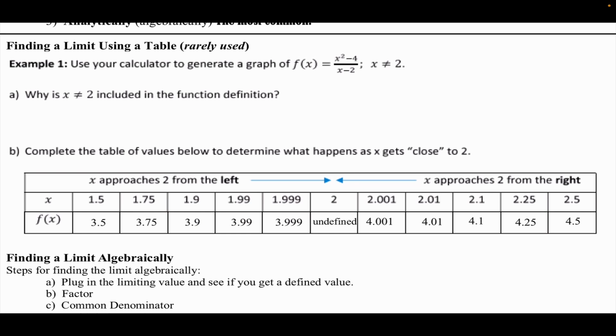I can't have 12 over 0. Because think about that. That means you get 12 slices of pizza. How many pizzas are there? 0. How do I get 12 slices of something that doesn't exist? It doesn't work, right? So that's why 0 on the bottom doesn't work.